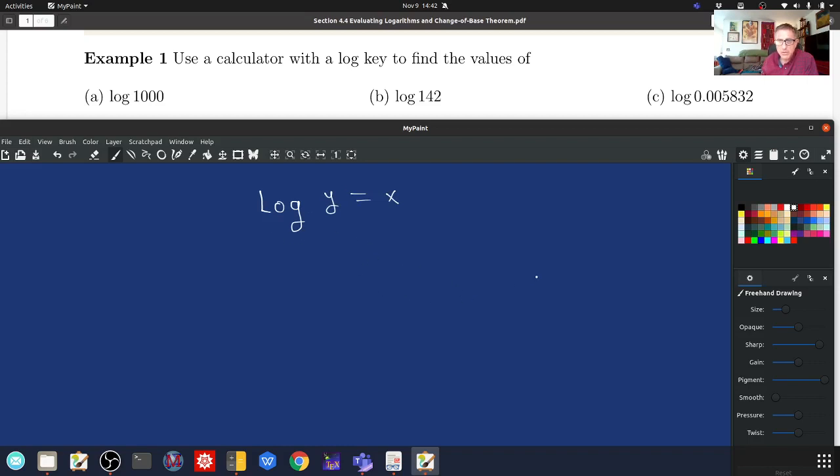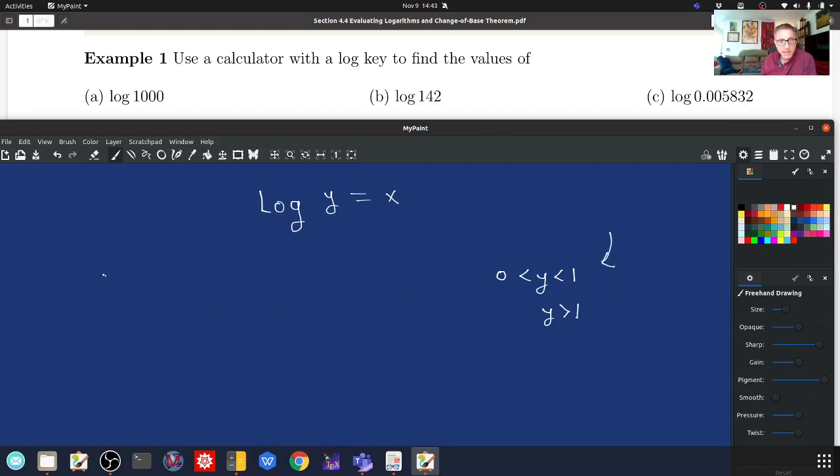What happens when the value of y is greater than 0 but less than 1, and what happens when y is greater than 1? Now 1000 is greater than 1, and 142 is greater than 1. But log of 0.005832 is in this range.